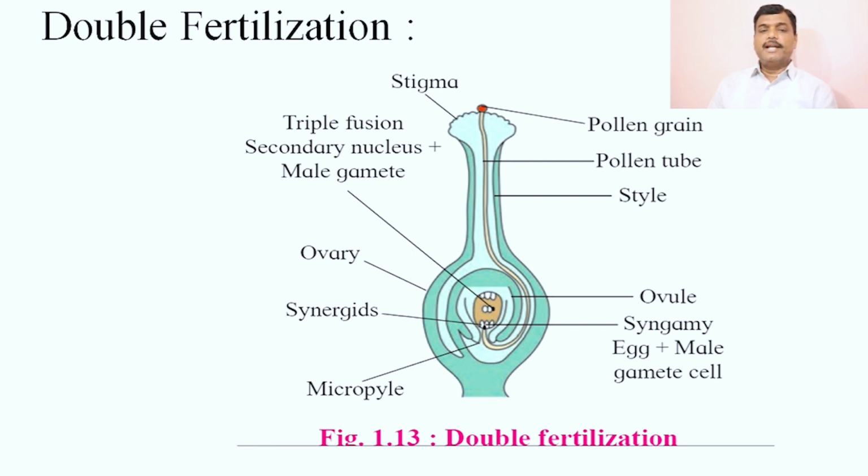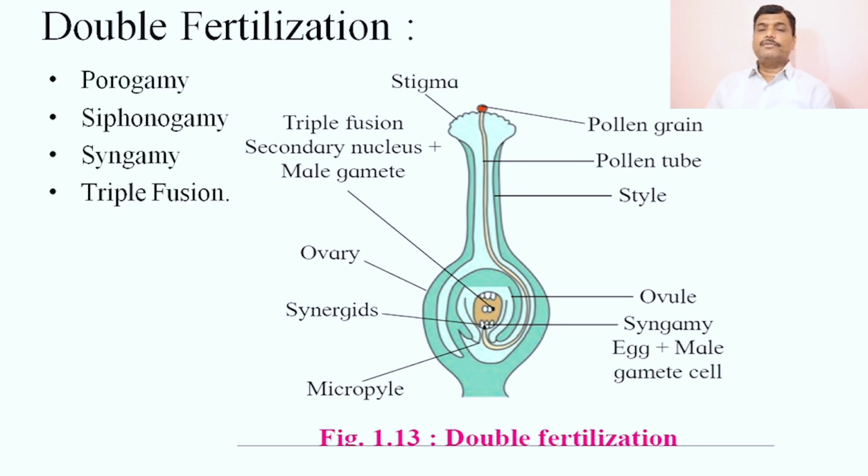The first fertilization is the union of one male gamete with the female gamete, and one more fertilization takes place where the second male gamete fuses with the secondary nucleus. So the process of fertilization occurs twice. Therefore, this process is known as double fertilization.